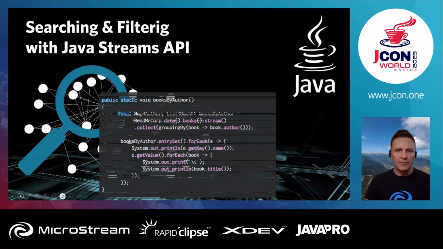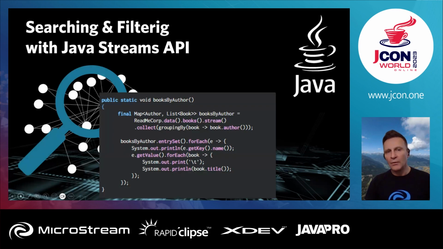And the same with searching. We have the Java Streams API, for instance, for searching and filtering in memory, searching object graphs, and the performance is absolutely incredible.